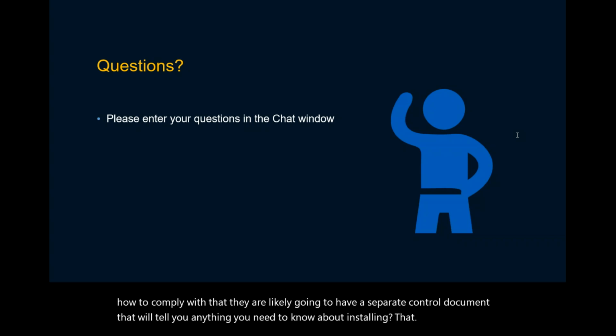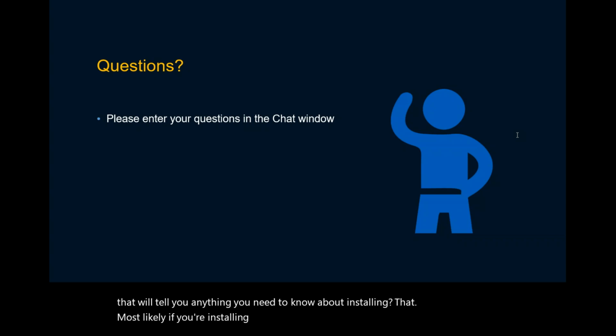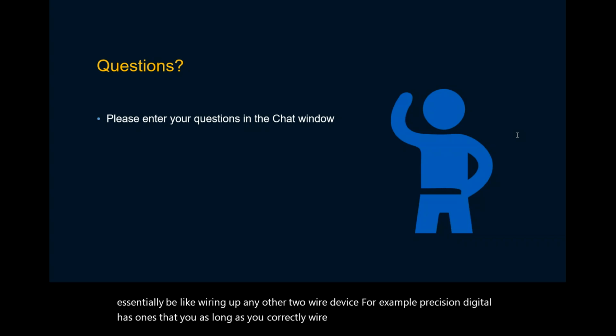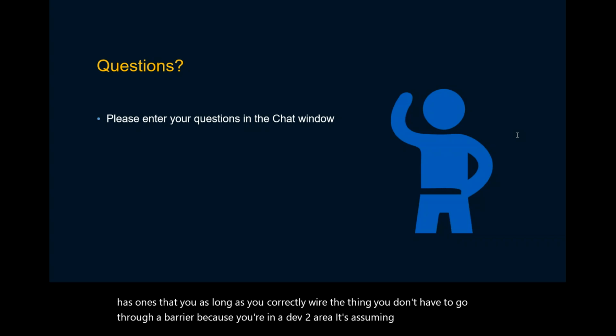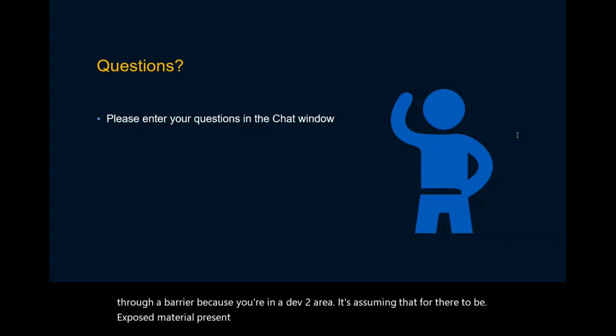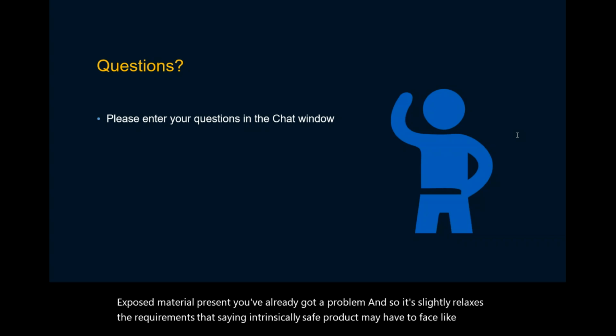Most likely, if you're installing a Div 2 product in the Div 2 area, it's going to essentially be like wiring up any other 2-wire device. For example, Precision Digital has ones that, as long as you correctly wire the thing, you don't have to go through a barrier because you're in a Div 2 area. It's assuming that for there to be explosive material present, you've already got a problem. And so it slightly relaxes the requirements that, say, an intrinsically safe product might have to face, like barriers.